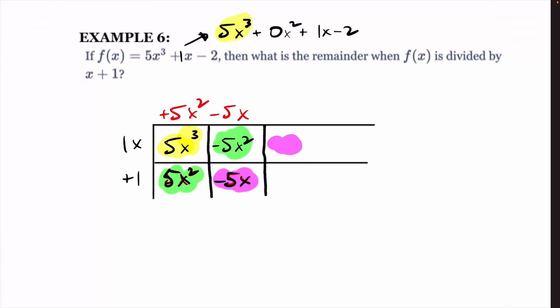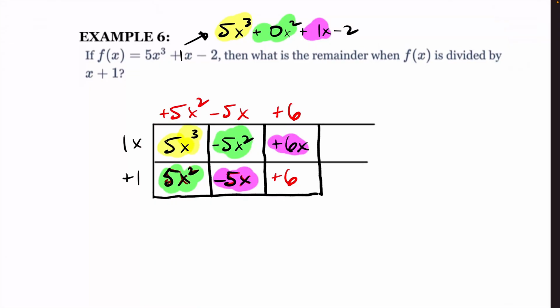These two, oops, I forgot to highlight that, need to make 1. So negative 5 plus what makes 1? Positive 6x, yep, positive 6x. Multiply, so you get positive 6, positive 6. Our box is done, so we close it off here. We're not done with the problem, but we're done with the box because I ran out of x's. X squared, x, 6. So then last column is going to be my remainder column.